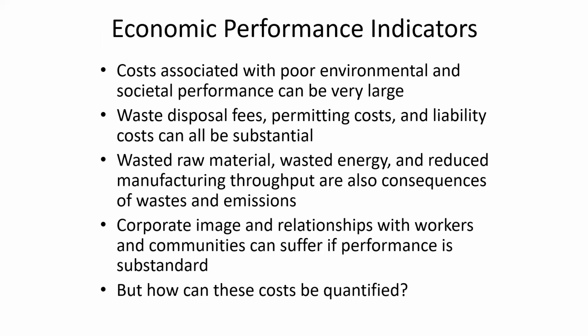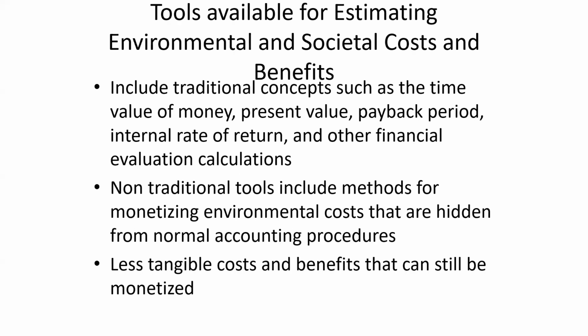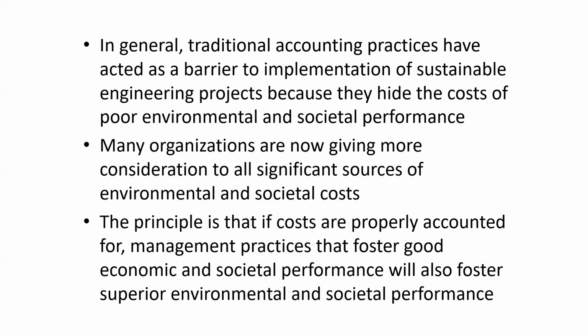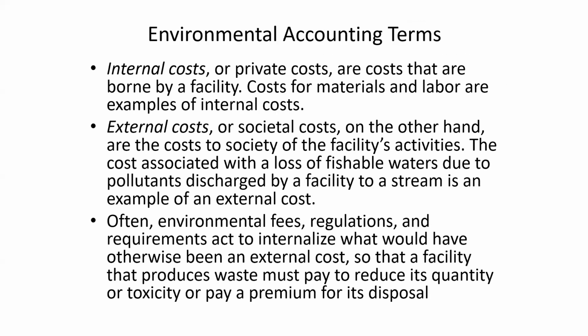The bottom line again is to have a lesser environmental footprint and be better for the economy. So economic performance also we have to look at, and environmental and societal benefits are also important. And then you do environmental accounting in terms of internal cost, external cost, and environmental fees.